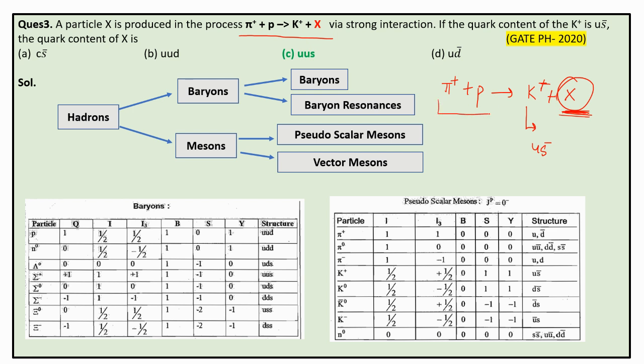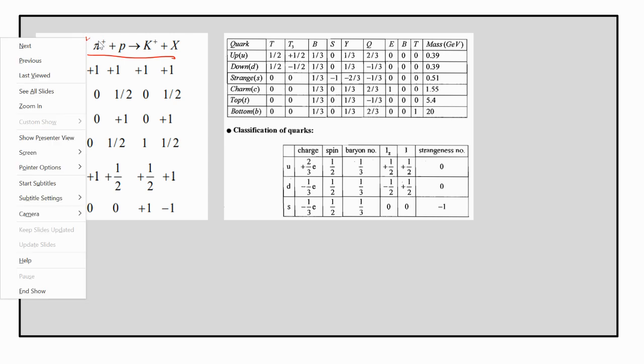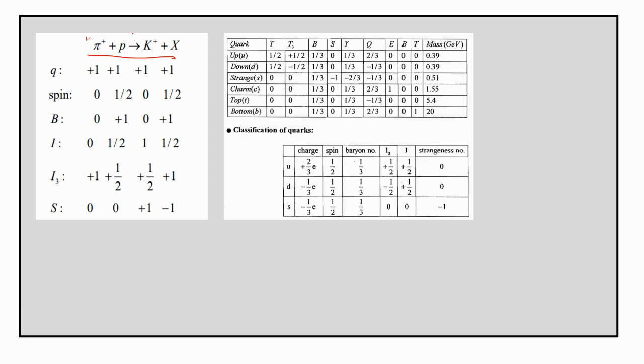Now you know very well that when an interaction is going on, you need to see some quantities that are conserved in a reaction. First of all, see charge. On the left hand side we have positive charge, and here also it is positive, so this should also be positive.